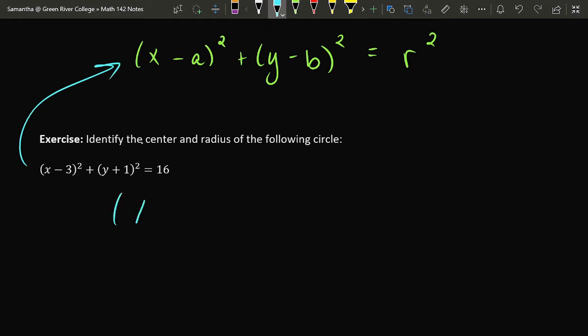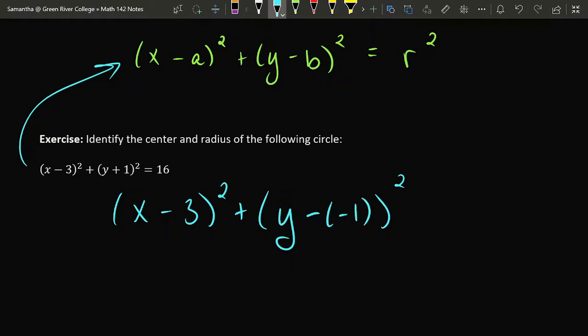Now I already have x minus number squared, but I don't have y minus number presently. I have y plus 1. So instead, I'm going to take that plus and rewrite it as minus negative 1.